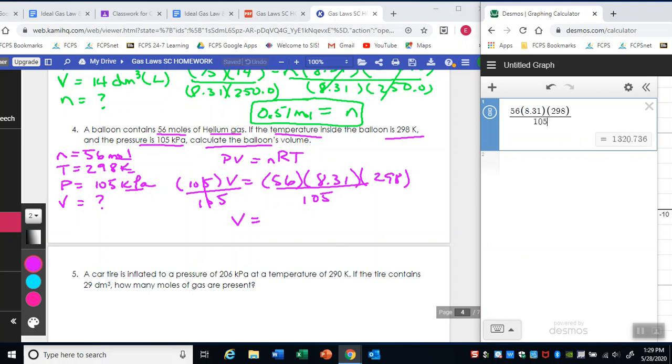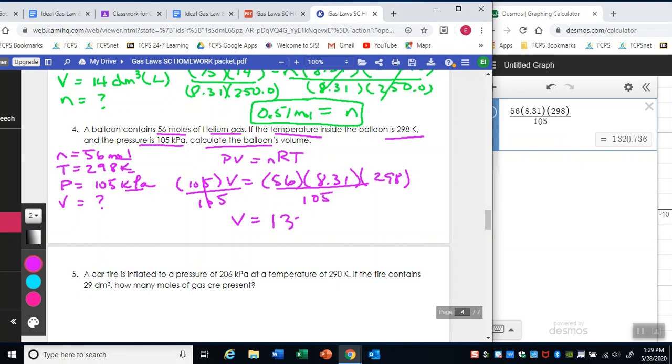Oops. All right. So basically everything was in whole numbers, so I'll just make this a whole number. And that would be 20, but then the digit after it is a 7. So I'm going to make that 21. And then my units would be cubic decimeters.